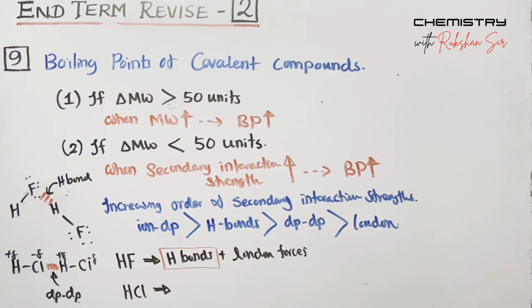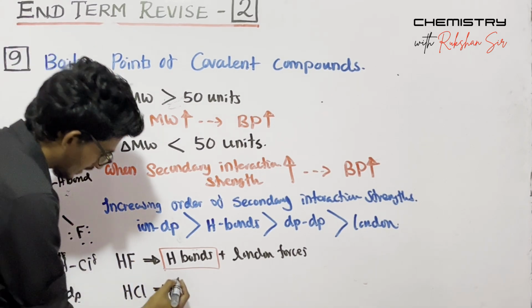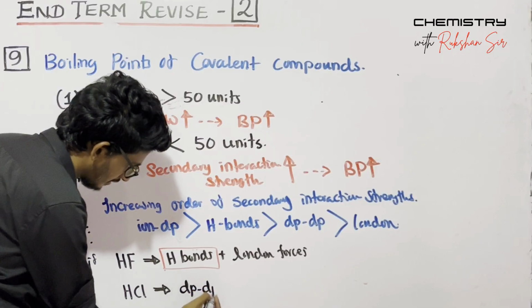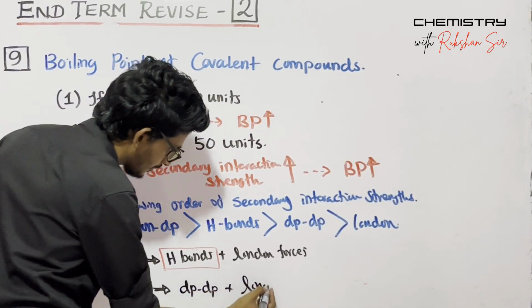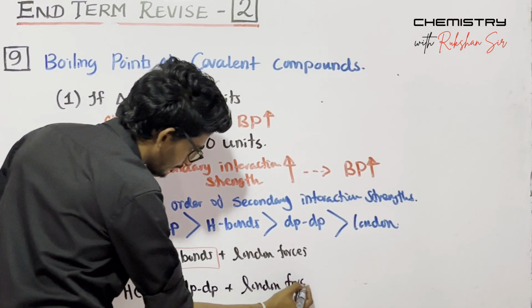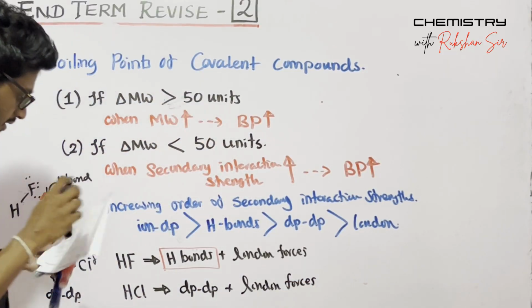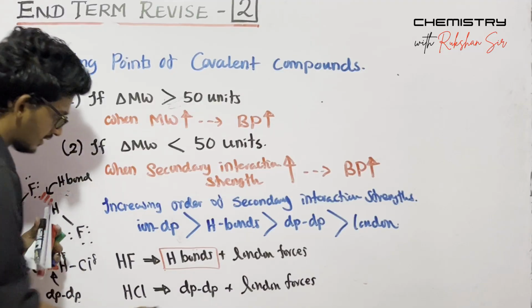This is just dipole-dipole interaction. Here you have a hydrogen bond, right? So with HCl, you have dipole-dipole interactions and London forces. Among all the molecular species, London forces exist, right?